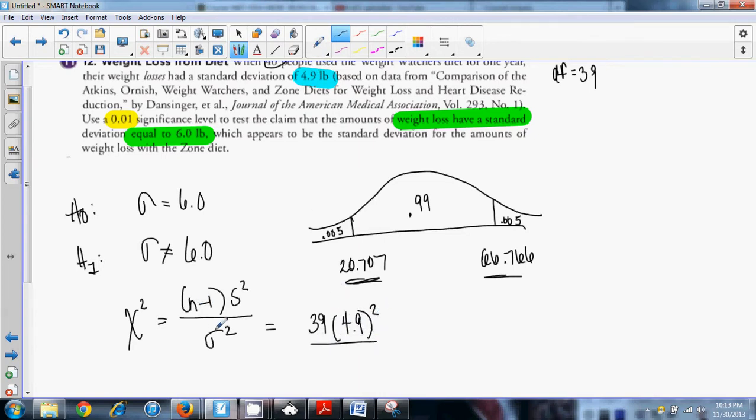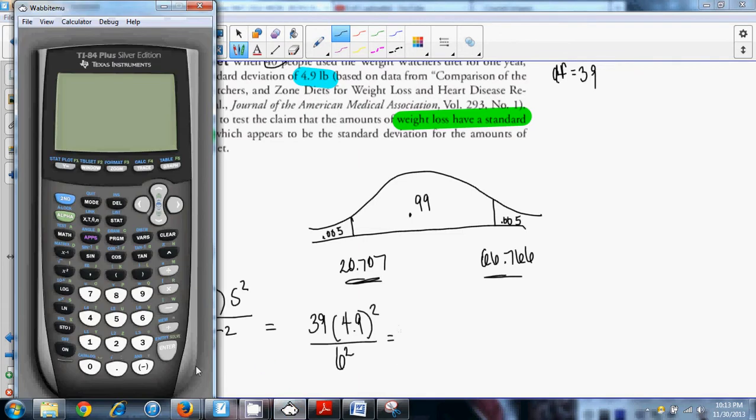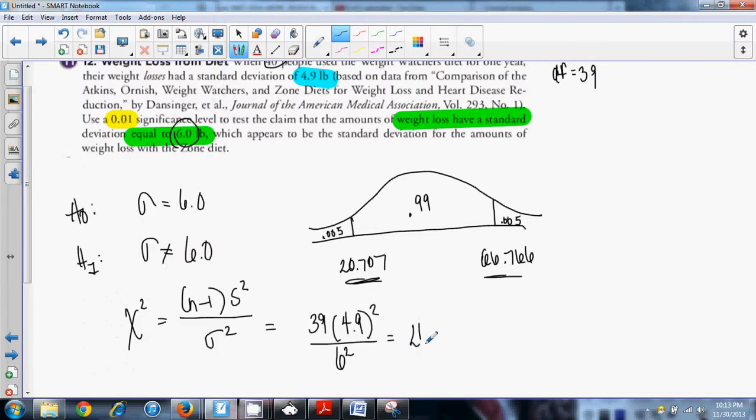This population standard deviation is going to be your claim value, so 6 squared. And at this point, handy calculator, come here. I have 39 times 4.9 squared. That is my numerator, and I will divide it by 36. And I get a 26 point something or other.